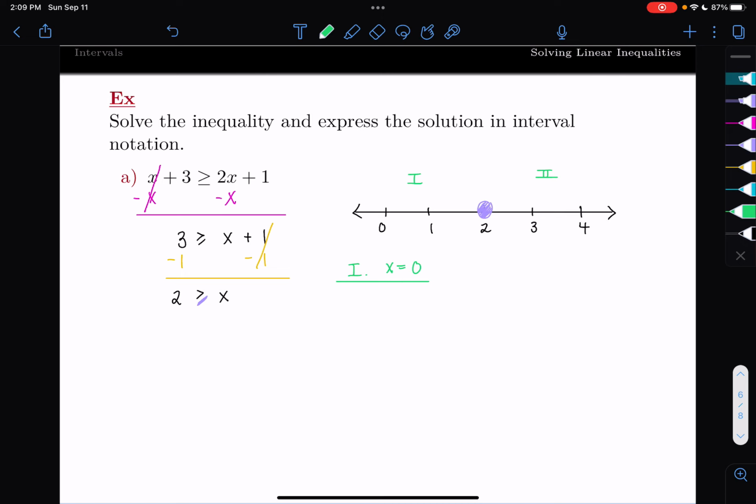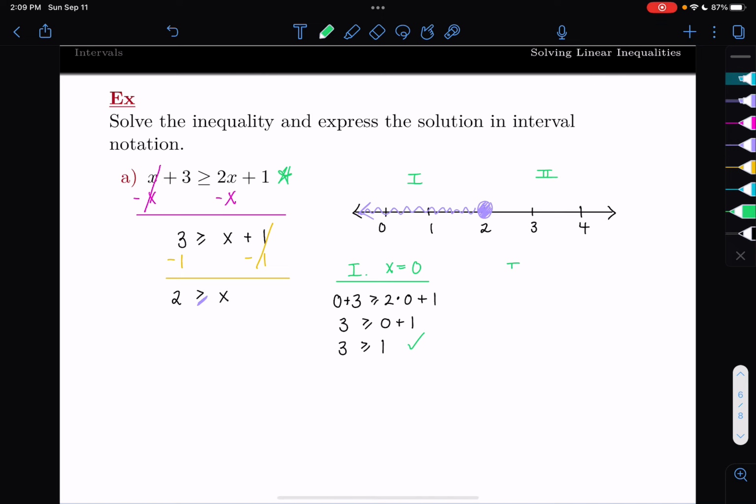So if I plug this back in at our starting value, that would give us 0 plus 3 is greater than or equal to 2 times 0 plus 1. So that gives us 3 on the left-hand side, and we're left with 0 plus 1 on the right, which gives us the inequality 3 is greater than or equal to 1. And this is a true statement, so interval 1 is what works for us. I can equal all these values here.